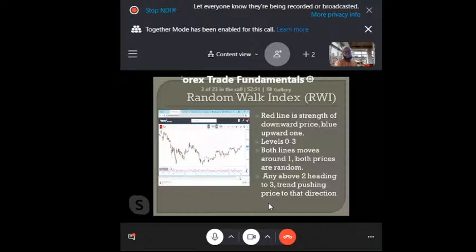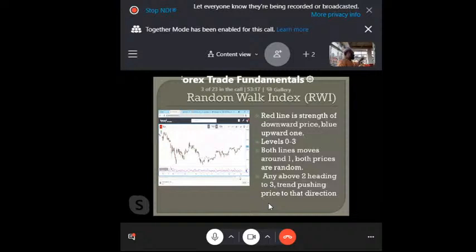If both lines move around 1, both prices are random. That means the tendency to go high and the tendency to go low are equal. The market is not pushing toward any one direction. If any of the lines is above 2 heading to 3, it is pushing price to that direction.